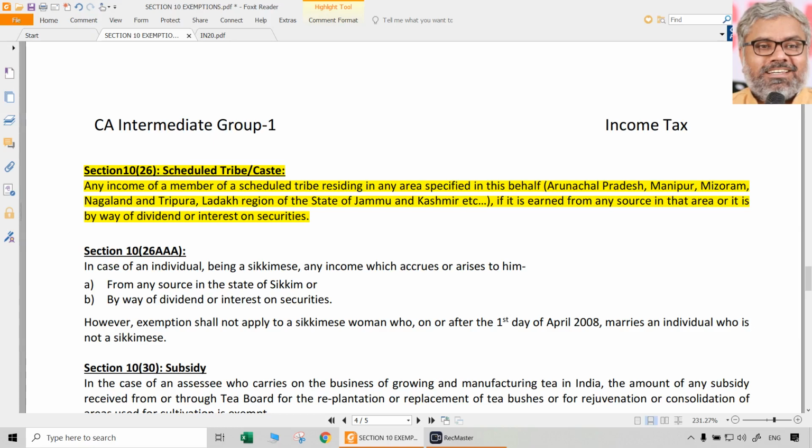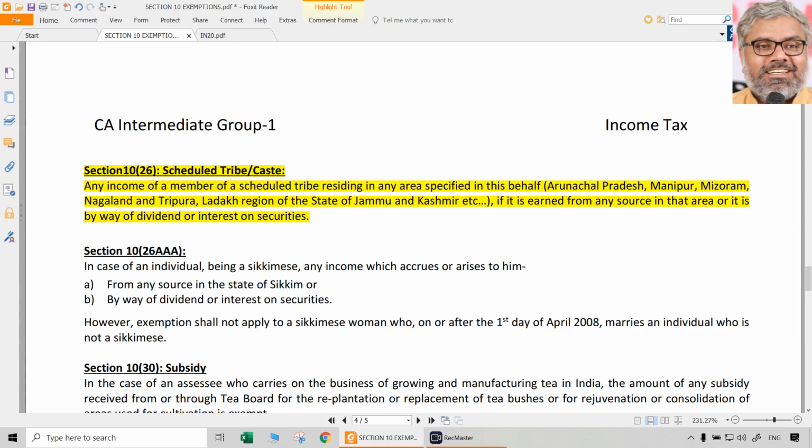Of course, not for all the people in the northeast and Jammu and Kashmir. We are talking about members of scheduled tribes, ST members or candidates who have income in those particular specified states, and they earned income there.